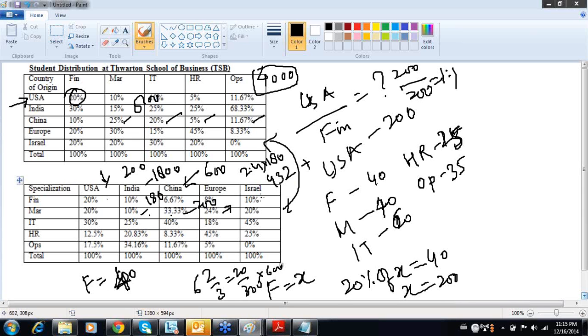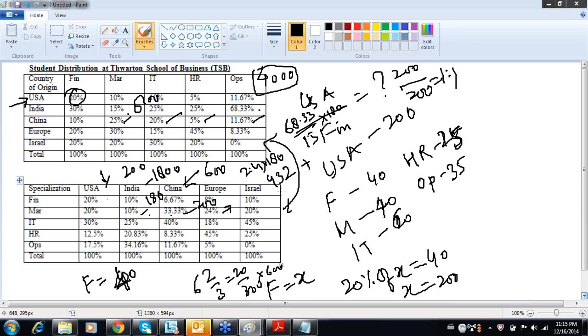Plus you have to find out for OR. OR is 68.33 upon 15 into 180.